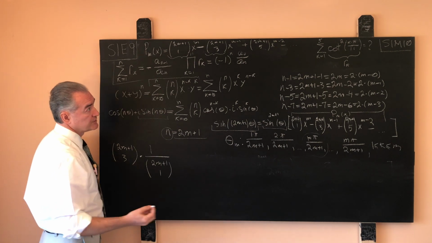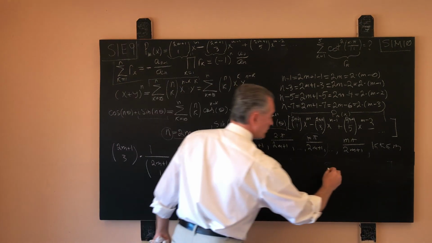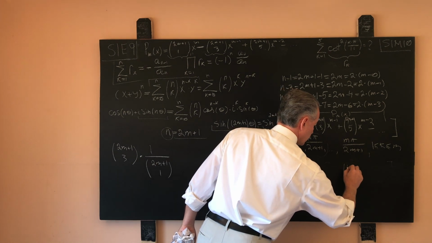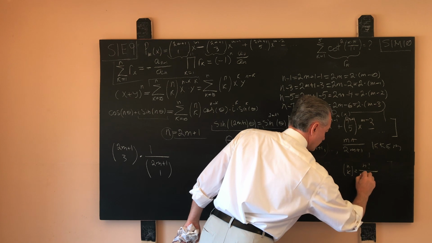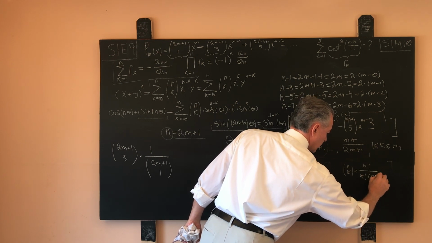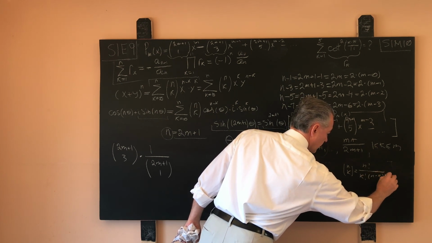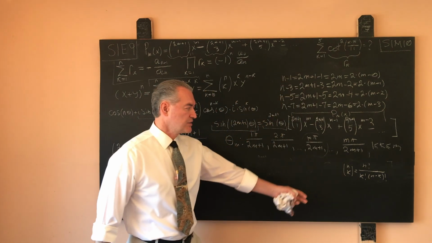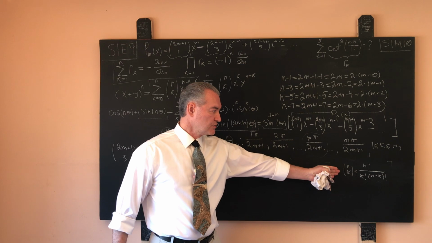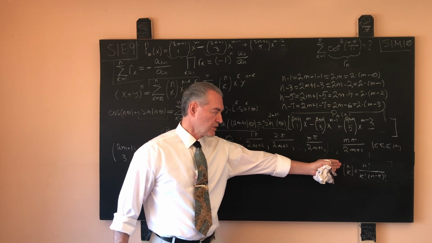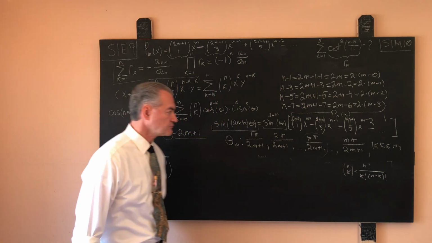Now, we know, as a reminder, maybe I'll write it over here, that n choose k is n factorial over k factorial times n minus k factorial. This is a way to represent the binomial coefficient n choose k.